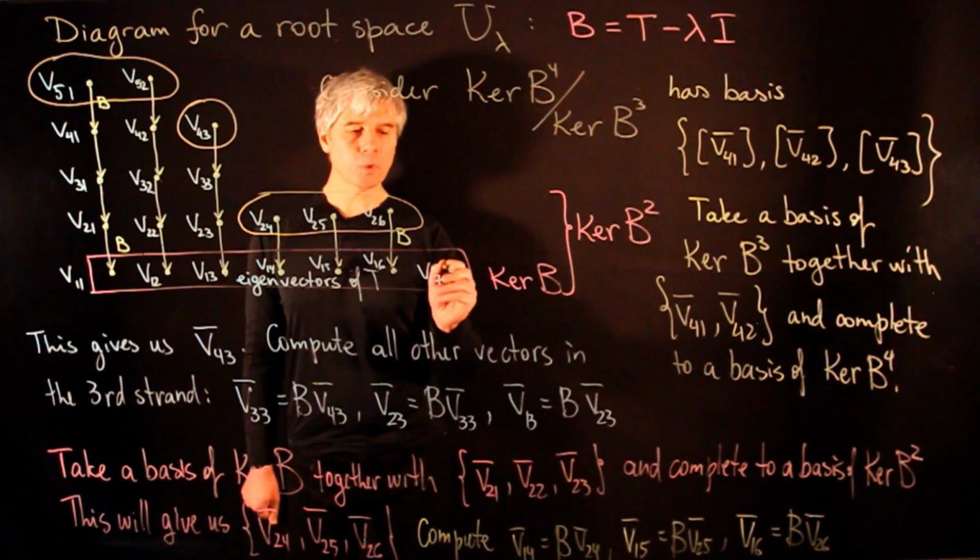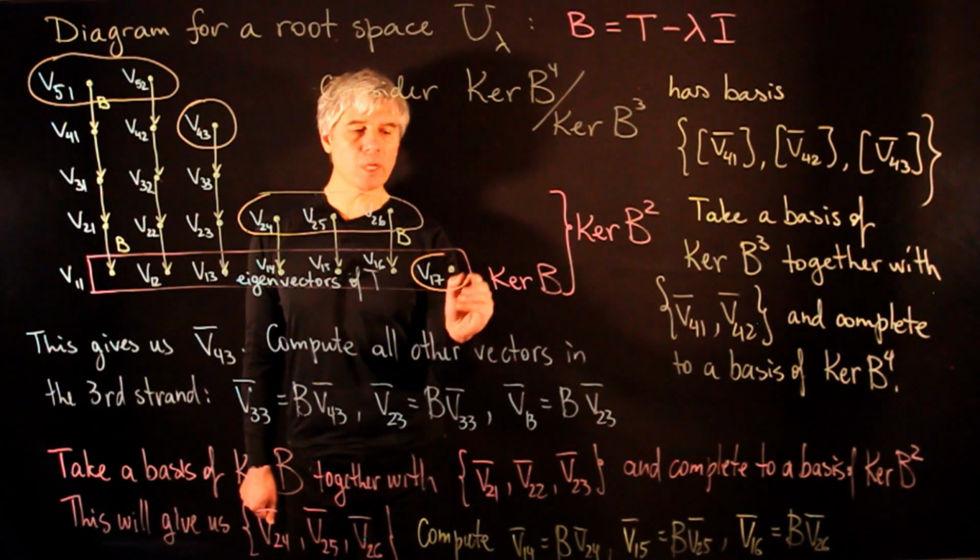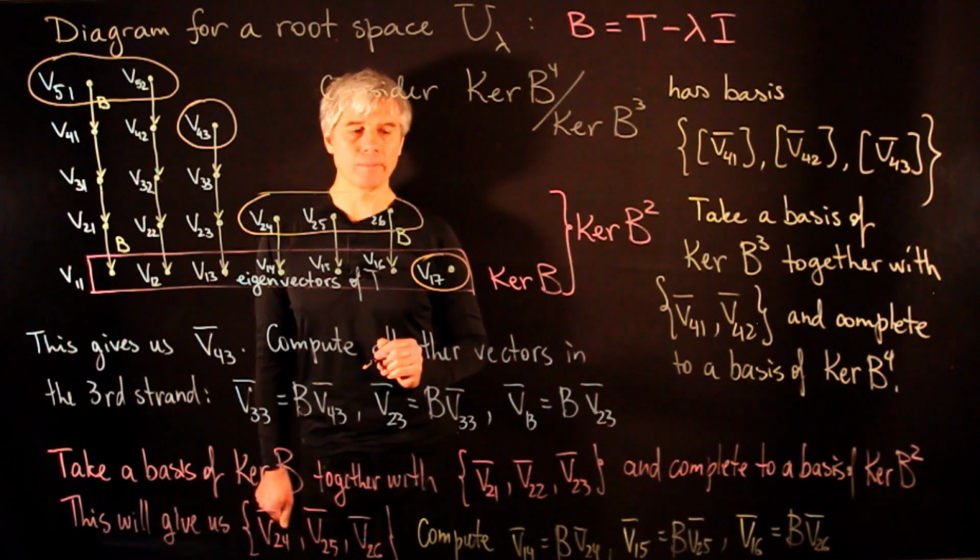And finally, we would only need to find the vector v17 on level 1.